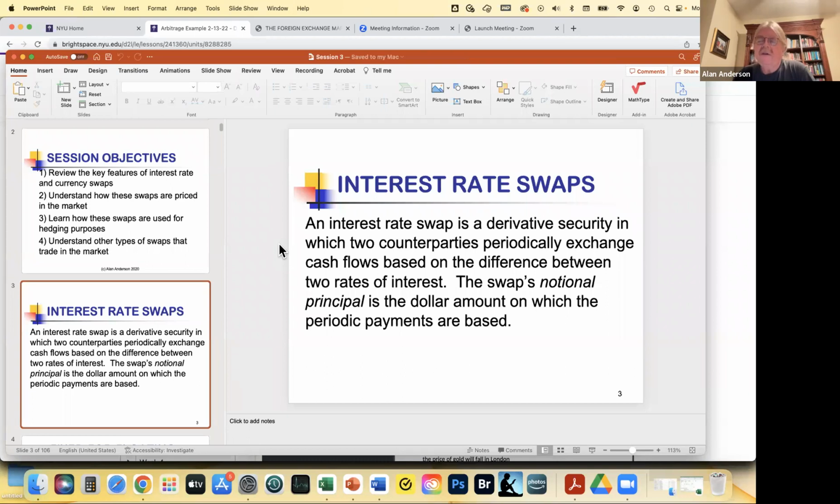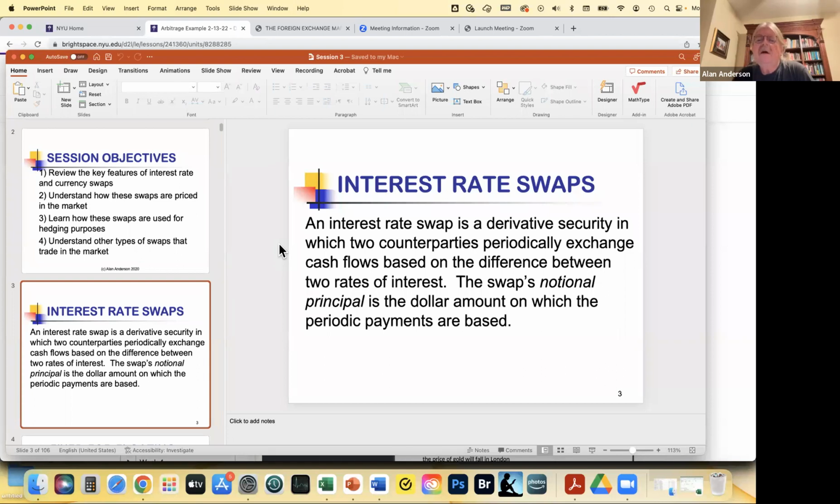Like, for example, if we allow the fixed rate to be, I don't know, the 30-year Treasury bond rate, and the floating rate side is the 3-month Treasury bill rate. Well, clearly the Treasury bill rate is going to change on a regular basis, whereas that 30-year Treasury bond rate is going to be locked into the contract.